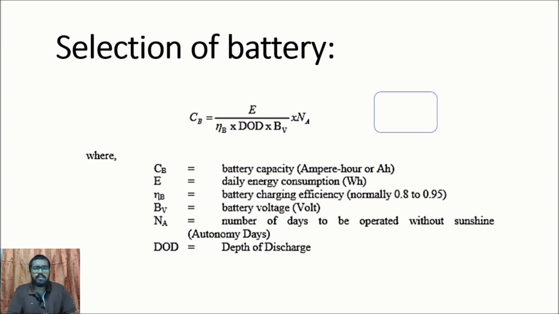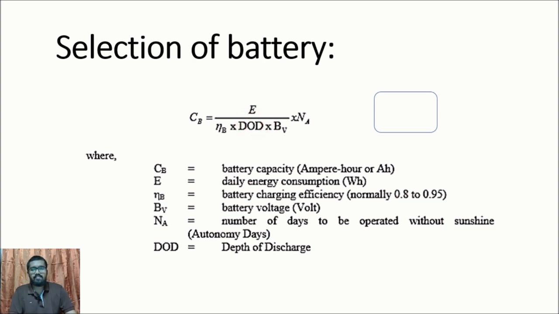Now you have to select the battery. Actually, the battery is the most expensive part of the solar home system, and you have to select it carefully. You can use this equation, where E means the energy used by your loads and DOD means the depth of discharge.